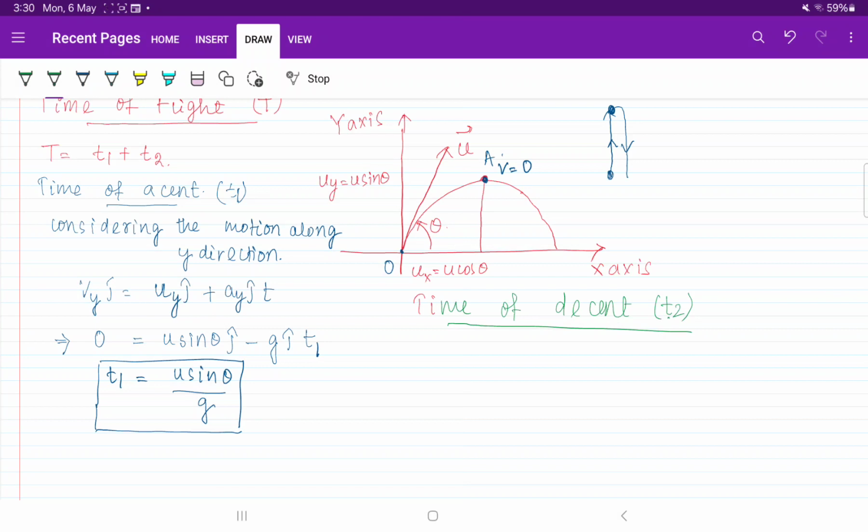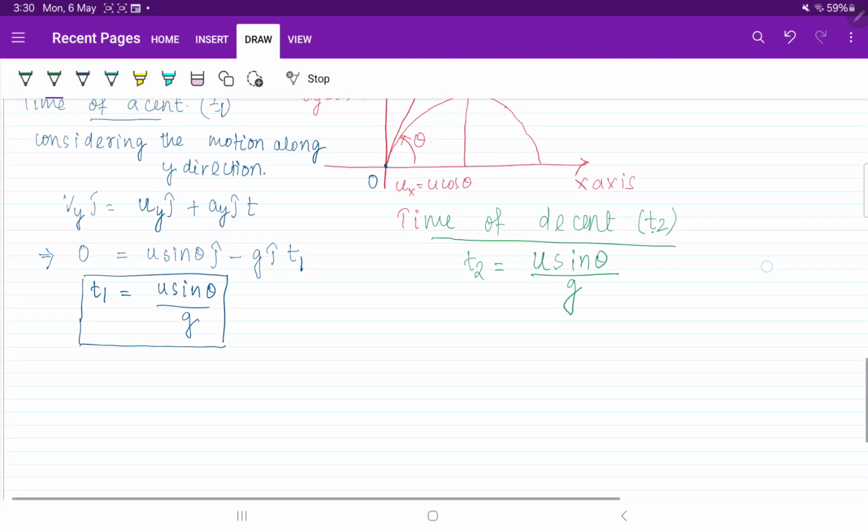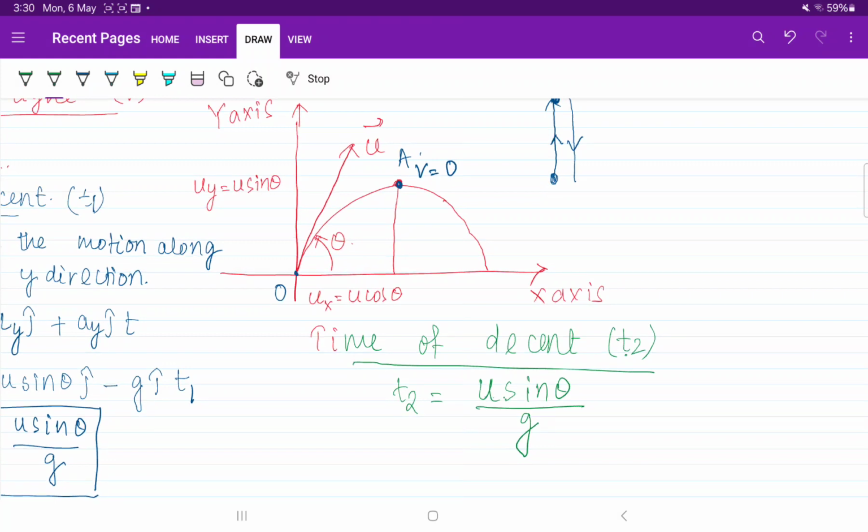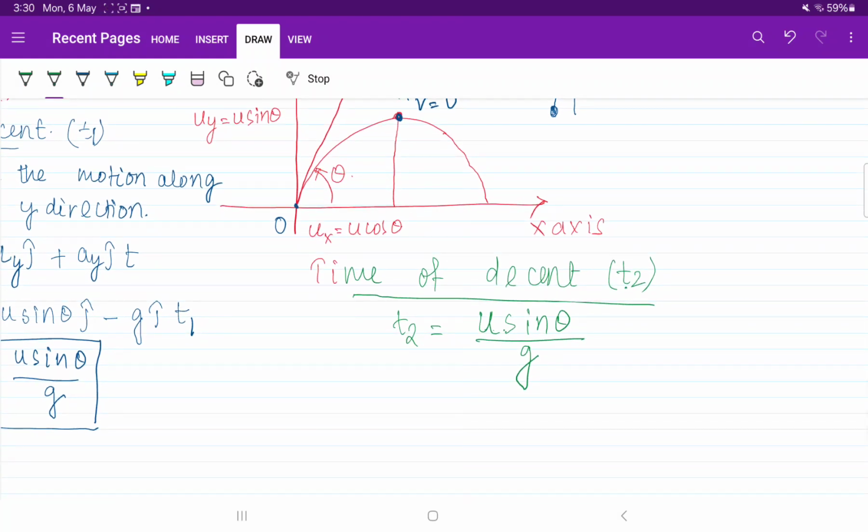Qualitatively you can find that as the system is a non-dissipative system or a conservative system, or you can say we have neglected the air resistance, the time of descent t2 is also the same as t1, so it is u sin theta by g. But for the sake of completeness, we can also derive how u sin theta by g has come.